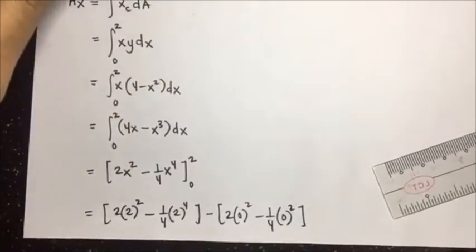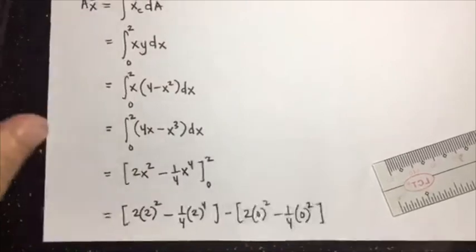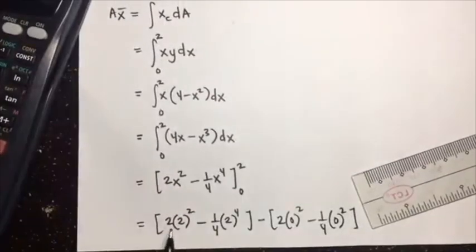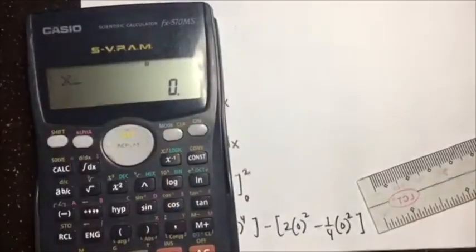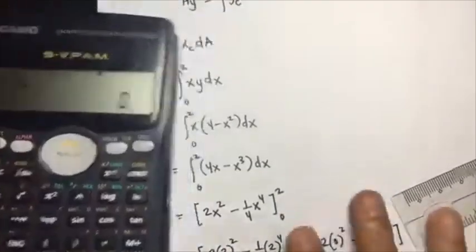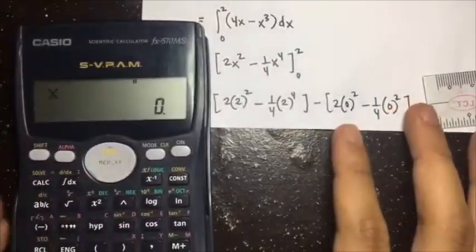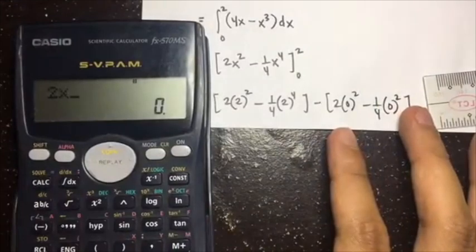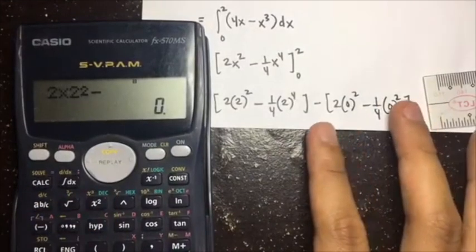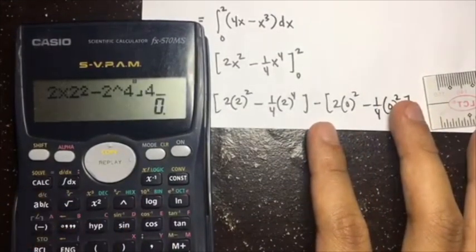Using your calculators or not, this will be 2 times 4, 8, minus 16 over 4. Let's check: 2 times 2 squared minus 2 raised to the power of 4 over 4.